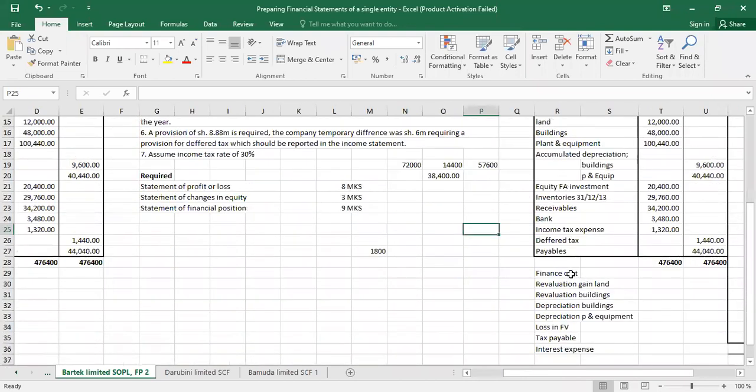Then maybe just let me clear this one so that we start afresh.